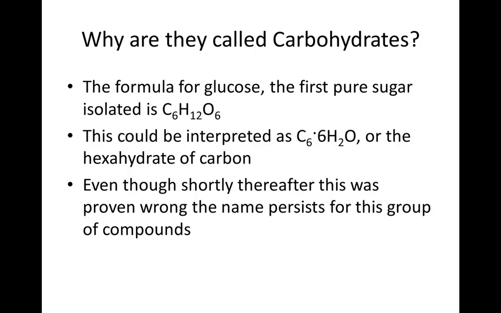Carbon was what people thought maybe this formula that they found for glucose, which is C6H12O6, could be written as 6 hydrates of carbon, and it was kind of fortuitous, perhaps, or coincidental. And they thought that maybe it was a hexahydrate of carbon, and of course we know that it's nothing like that at all, and people knew that pretty soon after they figured out more about these molecules, but nevertheless this terminology has persisted for this whole group of compounds.